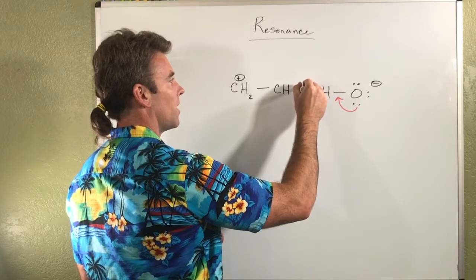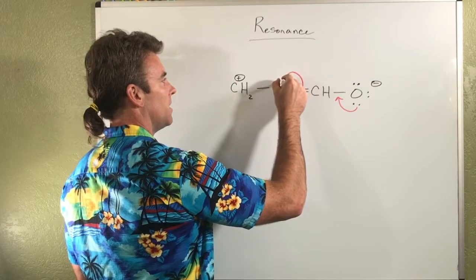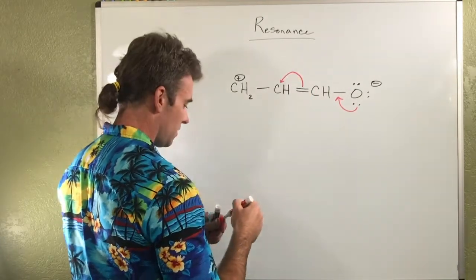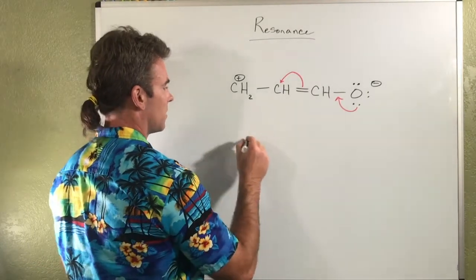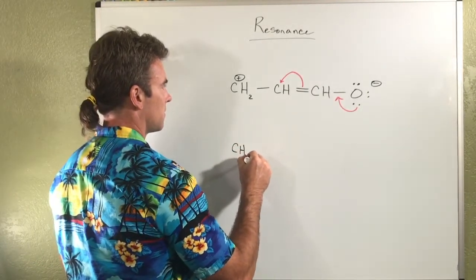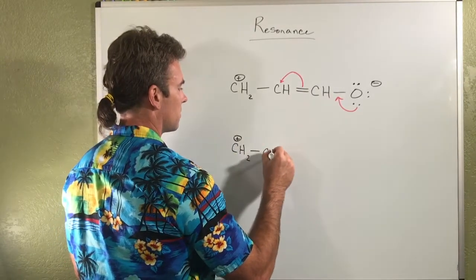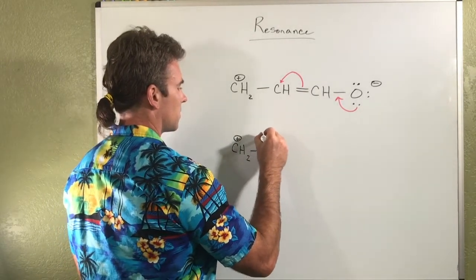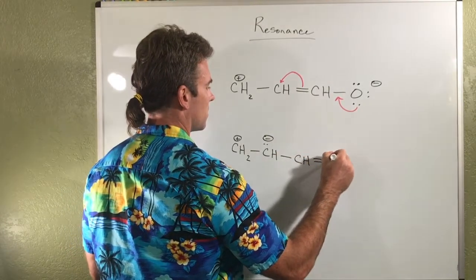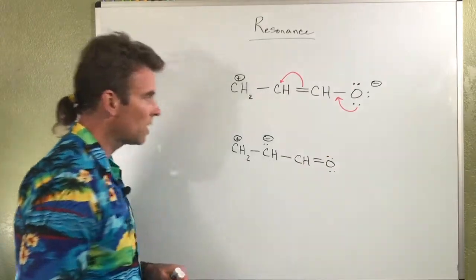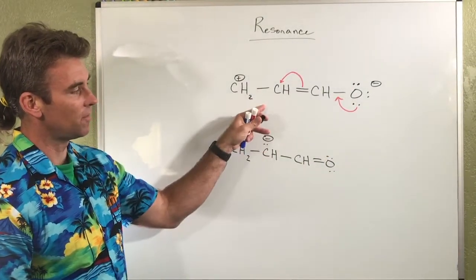So I've got to break this bond. And let's just do an intermediate here. And we'll show the products of this set of arrows, which would look like that.